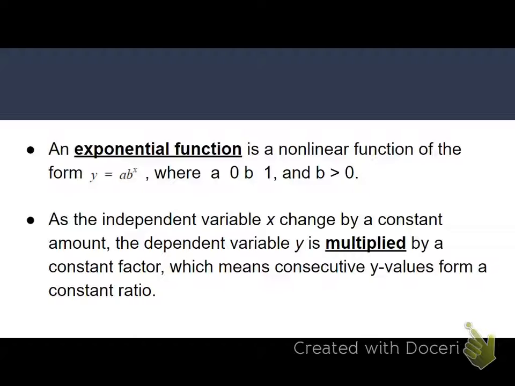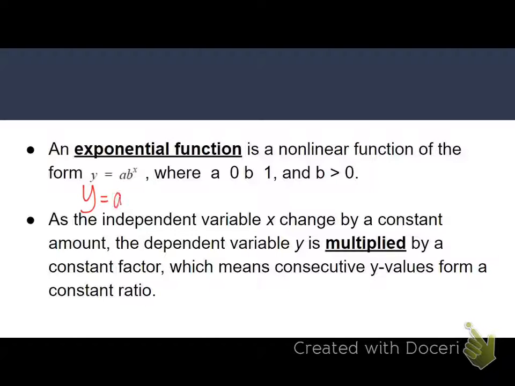So in our notes, an exponential function is a non-linear function of the form y equals a times b to the x. I'll write that a little bigger.